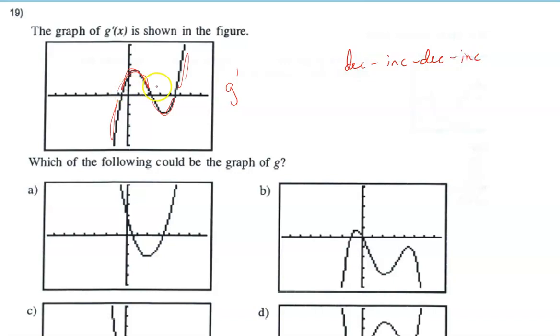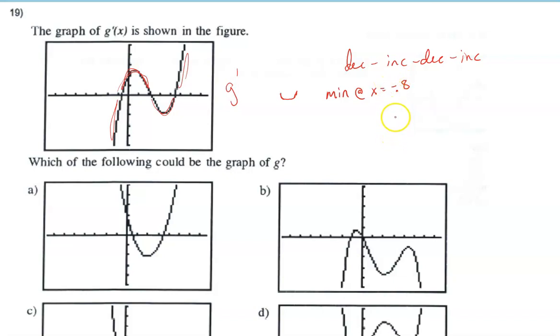Also, we can use our x-intercepts to determine if we have extrema on G, and since G prime changes from negative to positive, so negative slope to 0 to positive, that is a min, so we have a min on G at x equals, I don't know, we'll just say negative 0.8. It doesn't really matter. It's just a guess.